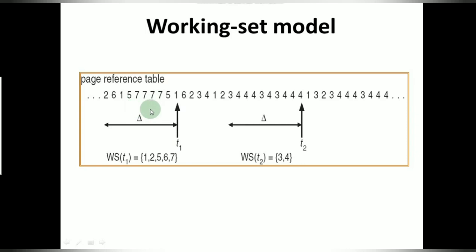In this working set window, the pages that are referred are 1, 2, 5, 6, 7. If I say this is my working set window delta, then the pages that I have referenced here are 3 and 4.